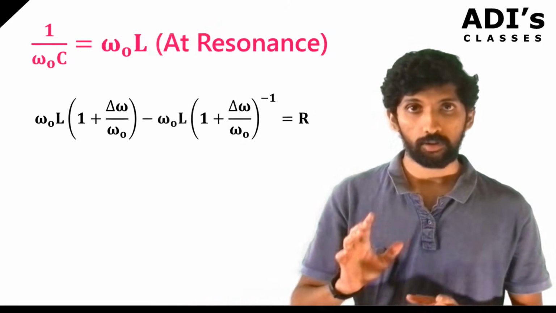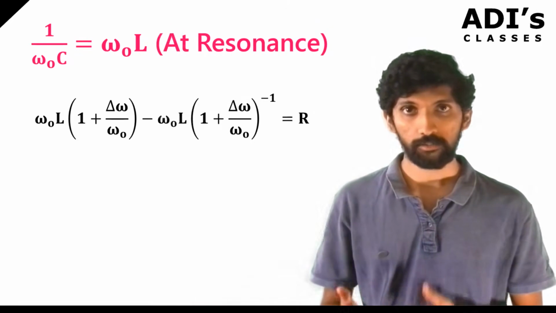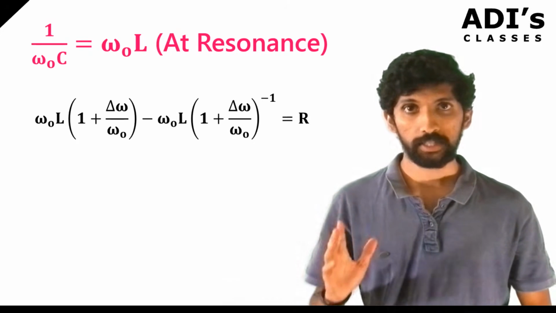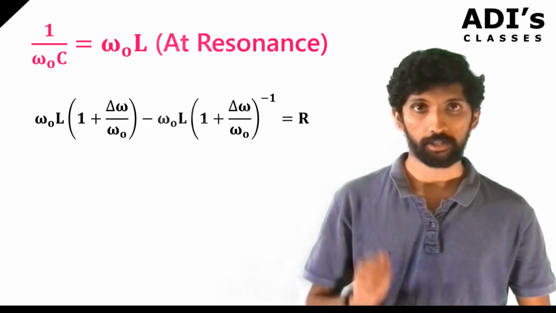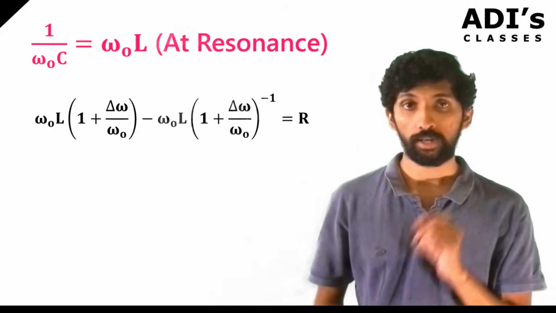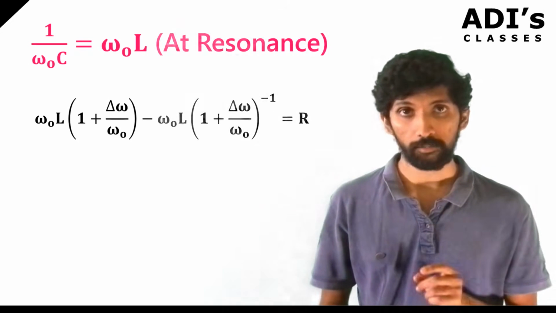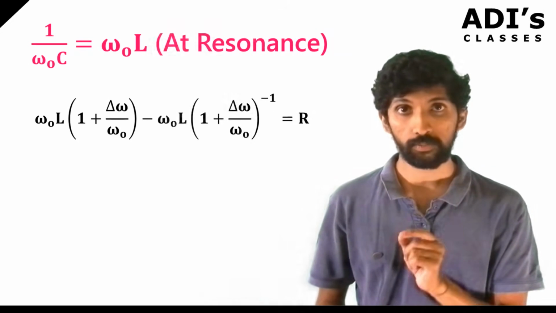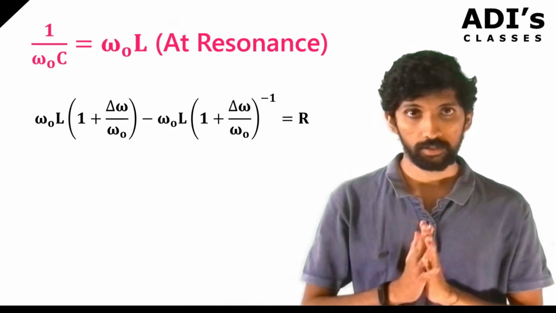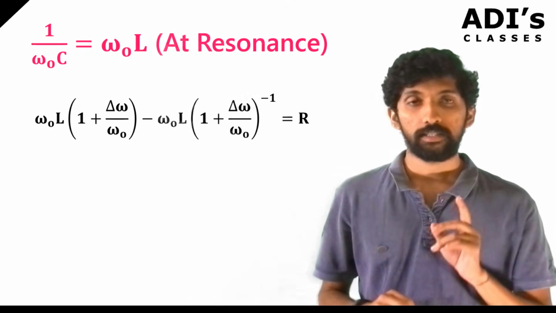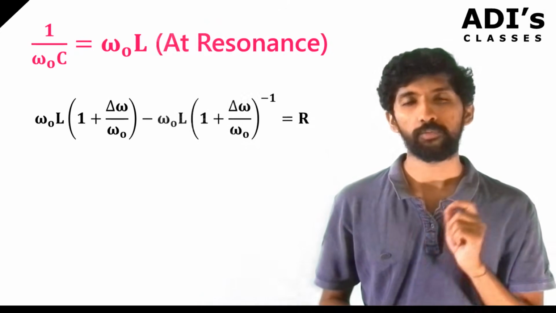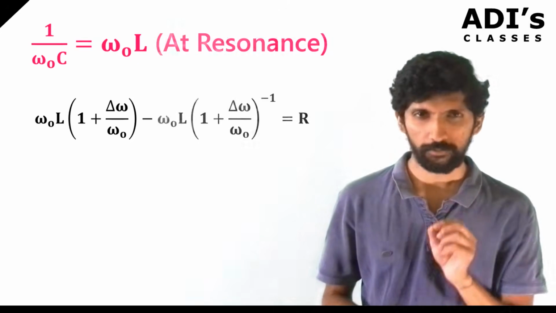So let's continue the same thing. What we have is omega naught L into (1 plus delta omega by omega naught) minus omega naught L into (1 plus delta omega by omega naught) to the power of minus 1 is equal to R. So far understood? See here, we have the delta omega by omega naught. That will be a value very less than 1, correct? Very small.